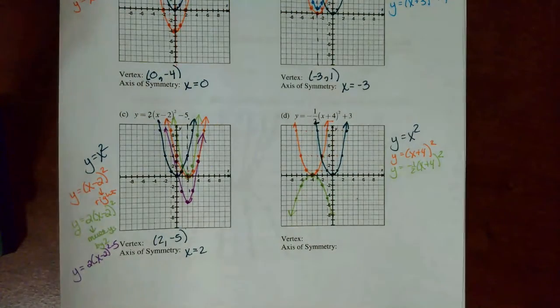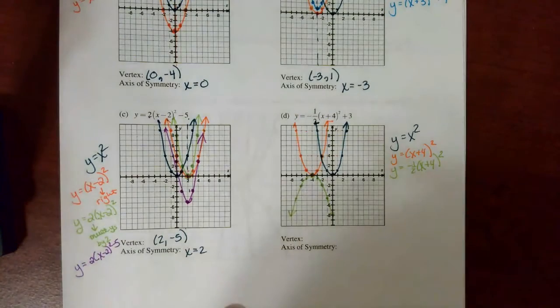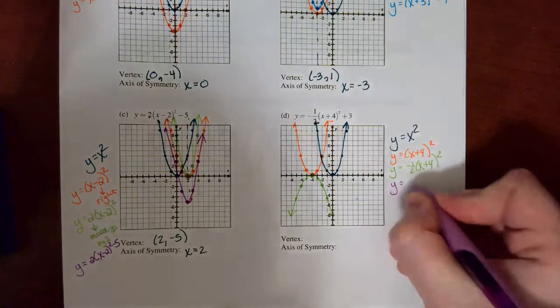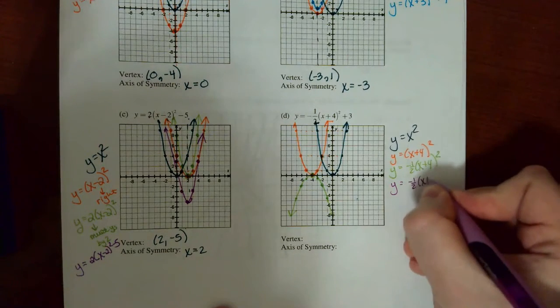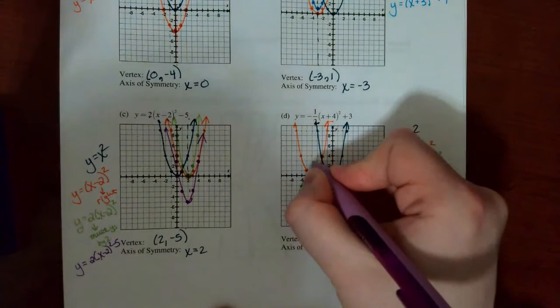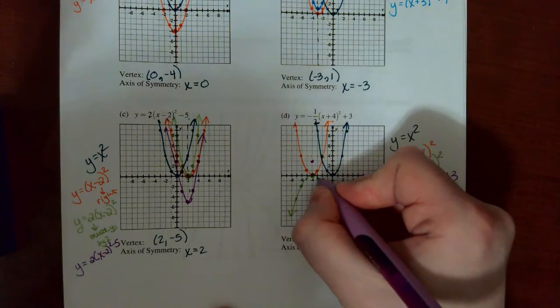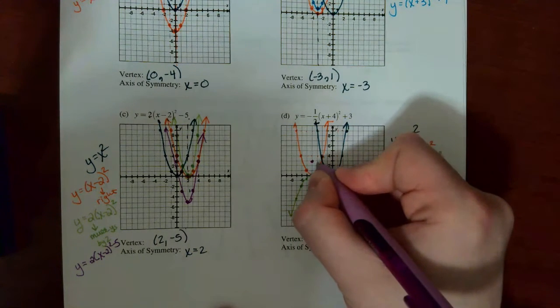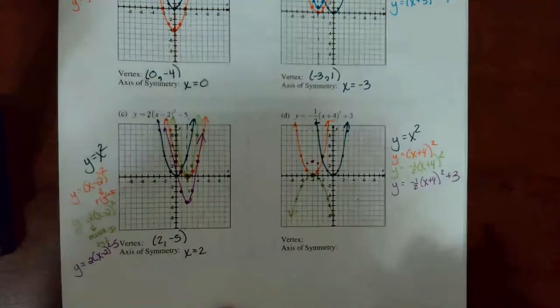Please do the final transformation and then figure out the vertex and axis of symmetry. Let's see, this is at negative a half, so halfway between 2 points here is 1, there 2, there 3, so it's going to move up like that.